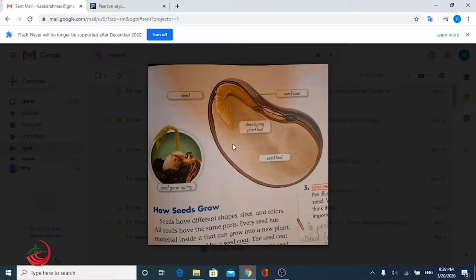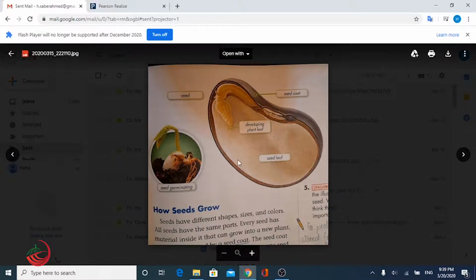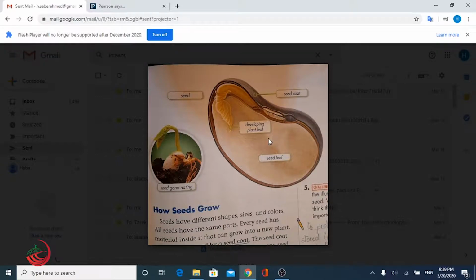So inside the bean there are two things: the food stored from the mother plant and the information from its parent. This part is called the developing plant leaf. Developing plant leaf.